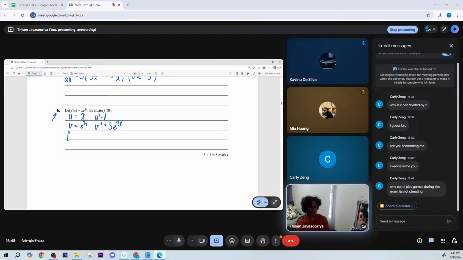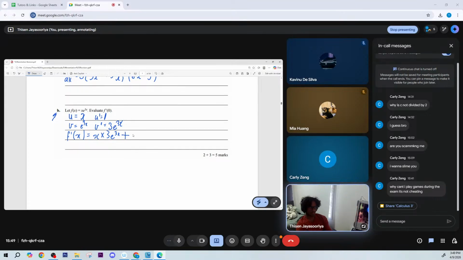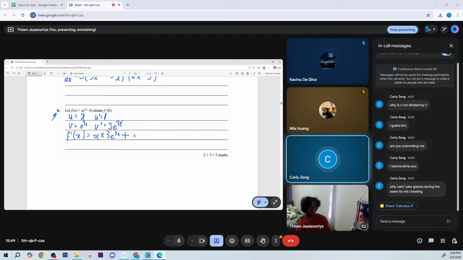So then, what is f dash x? So it would be x times 3e to the power of 3x, wait, plus e to the power of 3x.